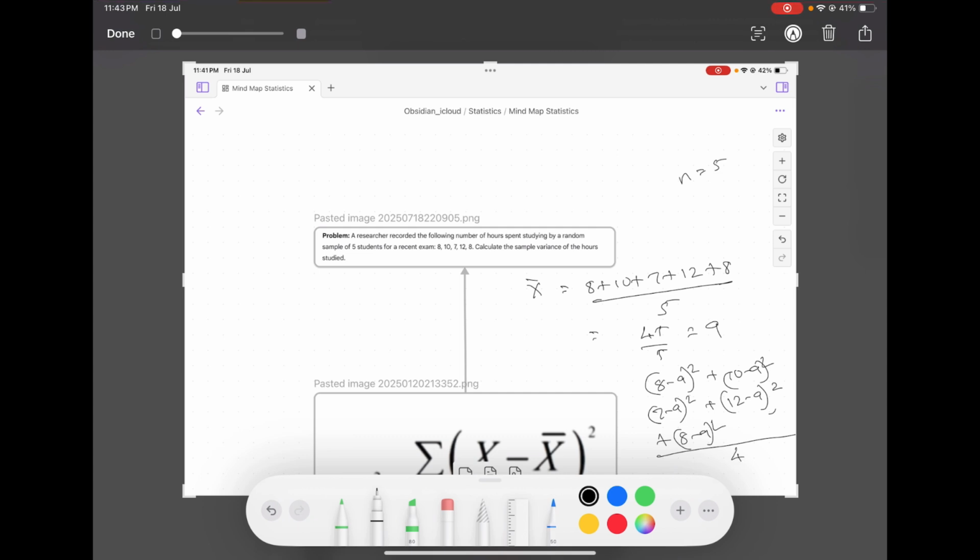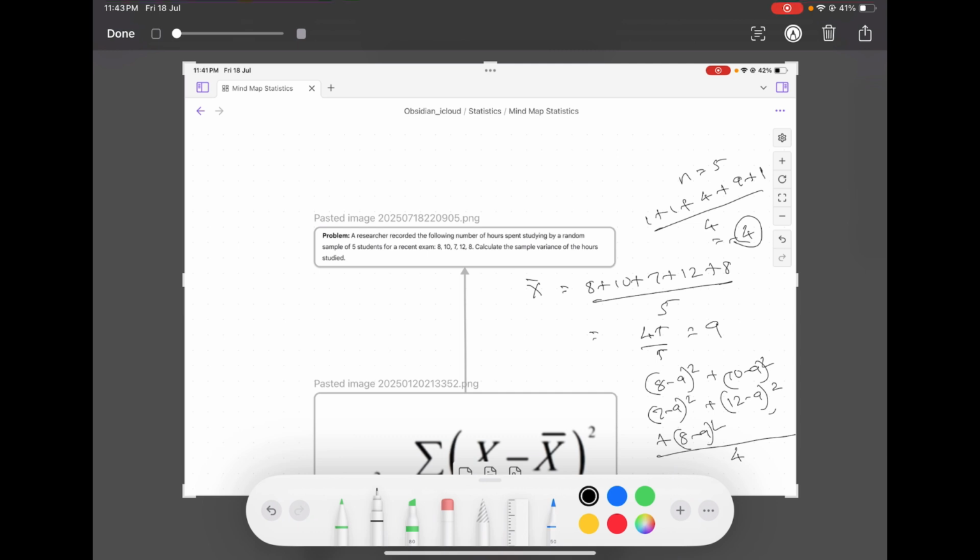I'll explain why we are taking 4 instead of 5. If you calculate it, you get 1 plus 1 plus 4 plus 9 plus 1 divided by 4, so it is 16 divided by 4, which is 4. So this is your sample variance.